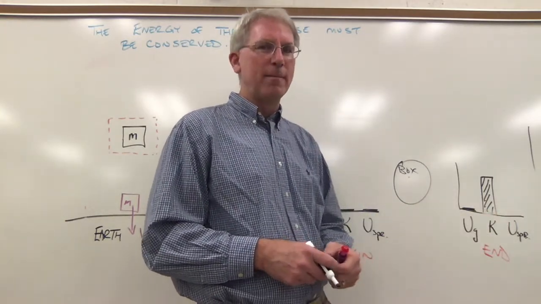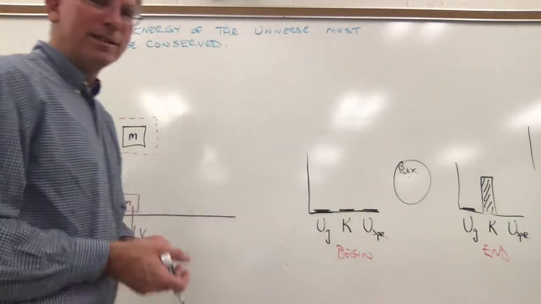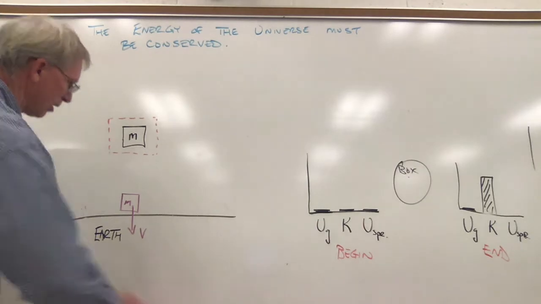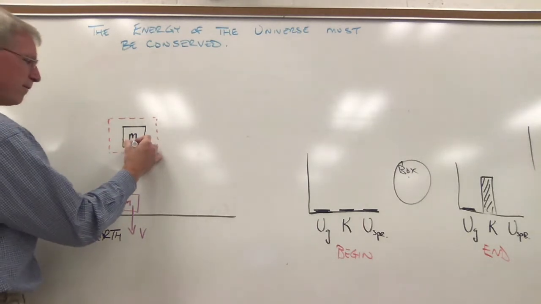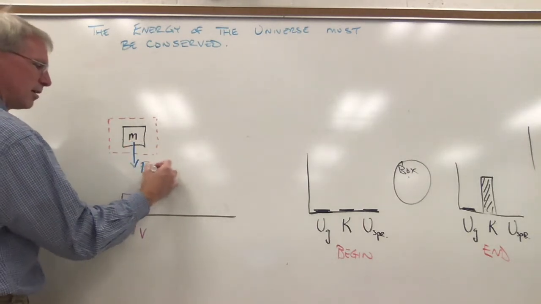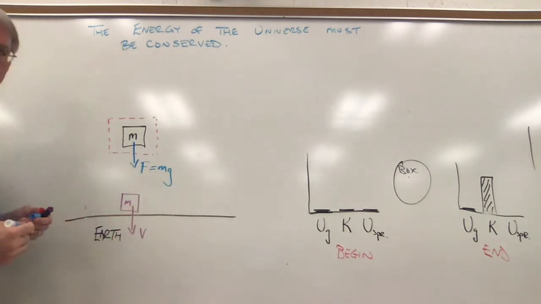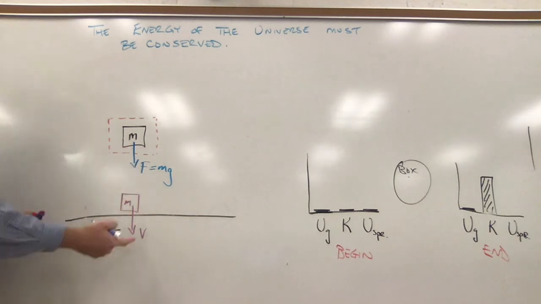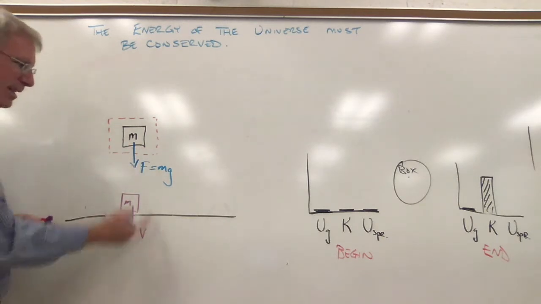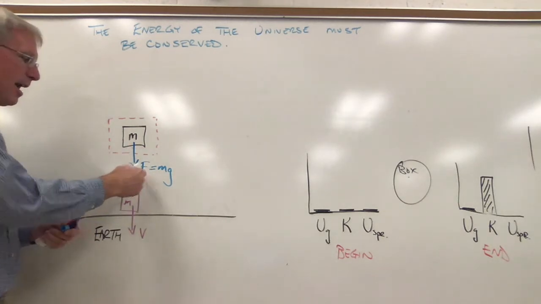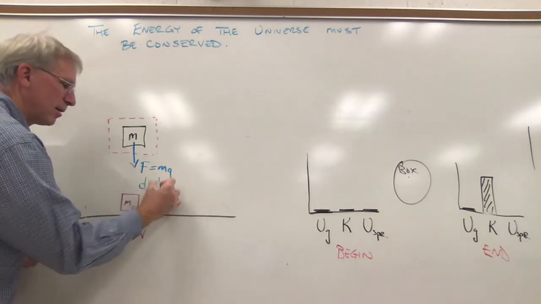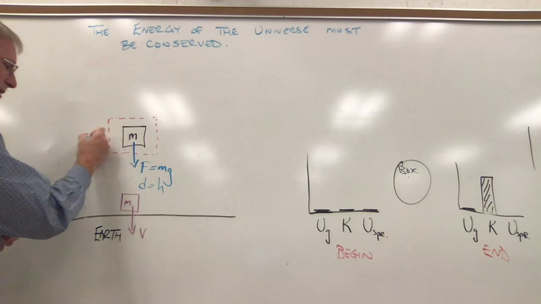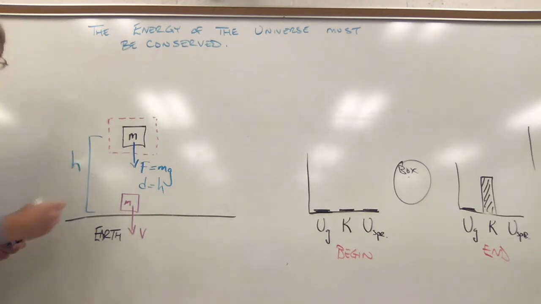came from somewhere. So what's going on here is that the Earth is exerting a force on that object. And the force is coming from outside of my system because it's the Earth that's doing that. And I'm operating over some distance h, like whatever this distance is here, we're calling that h.